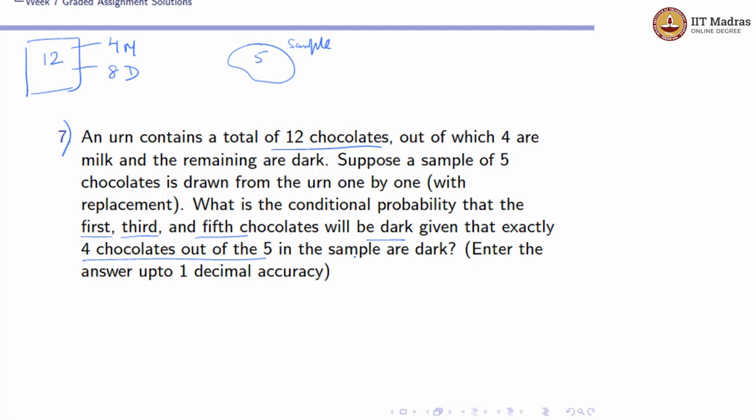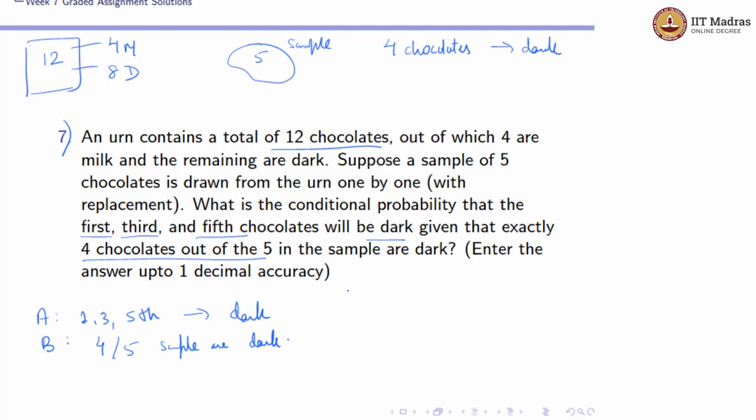It is known to us that 4 out of these 5 chocolates are dark. So let's say A denotes the event that the first, third and fifth chocolates that we draw are dark, and let B denote the event that 4 chocolates out of the 5 in the sample are dark.